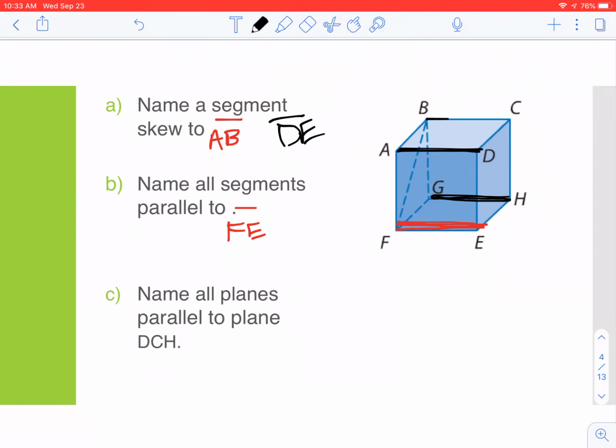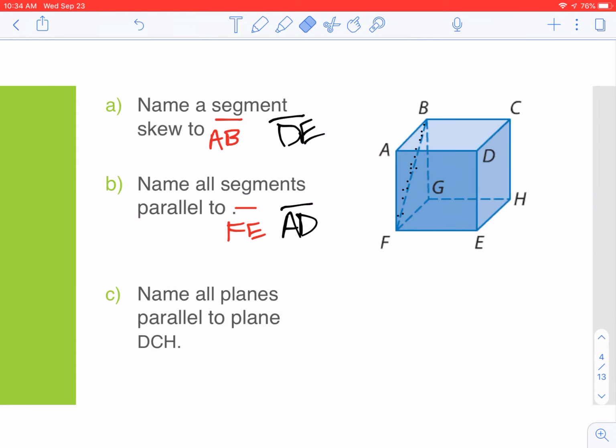We have BC, because if we drew this diagonal line here, that could be a diagonal plane. In other words, that could also be parallel. So I'm going to put AD as one answer. As usual, there's lots of answers, and you just need to find one.